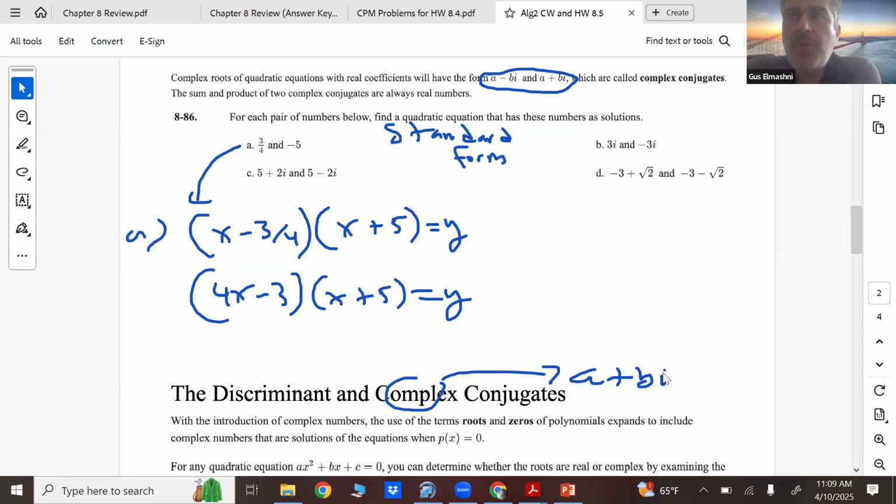So, do you guys see I got 4x minus 3? Okay, guys, focus. Do you guys see I got 4x minus 3? Okay, I multiply this by 4, because that gets rid of the fraction. So you could do that. This just changes the leading term. If you FOIL it, you should get 4x squared minus 3x minus 3x plus 20x.